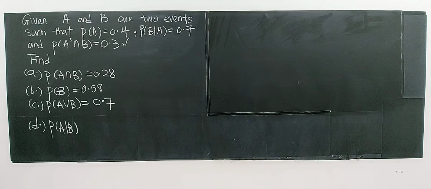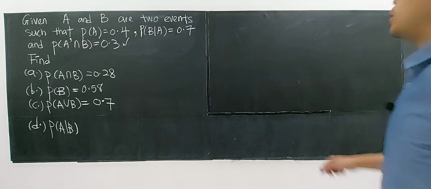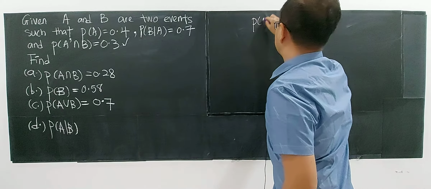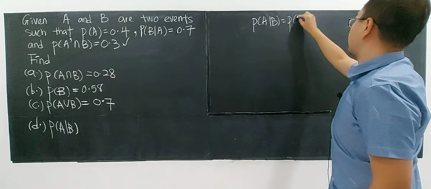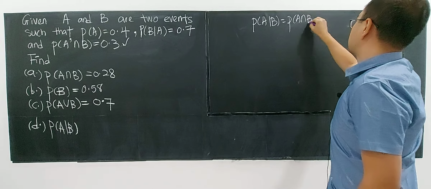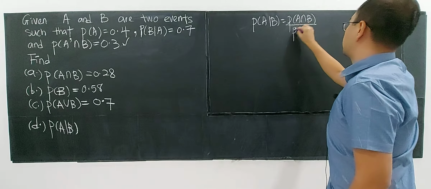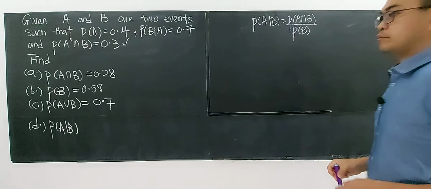Alright, later in the question, they're asking you to find the conditional probability of A given B. You know that the probability of A given B is defined to be the probability of A intersect B divided by the probability of B, right?